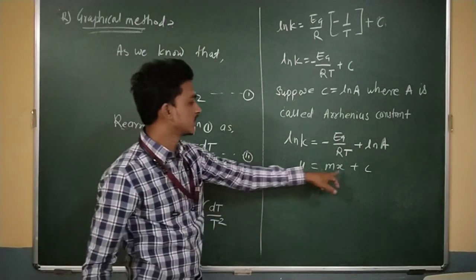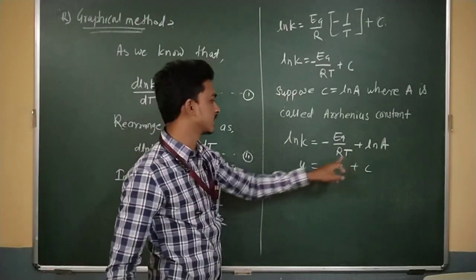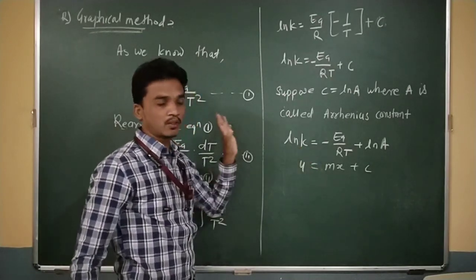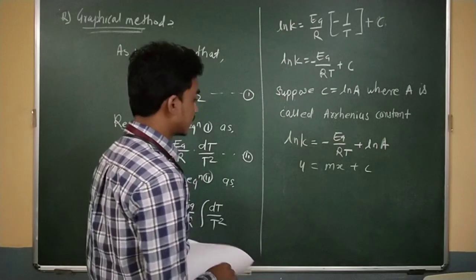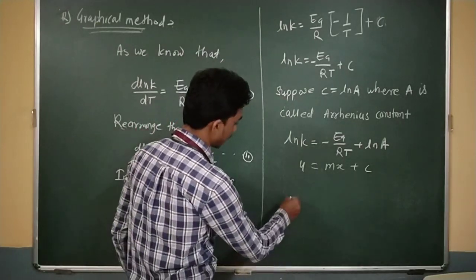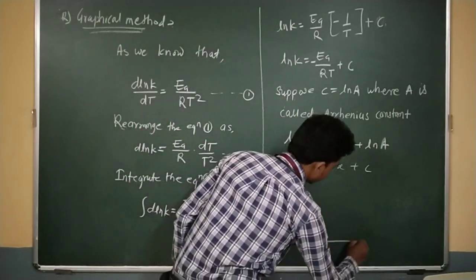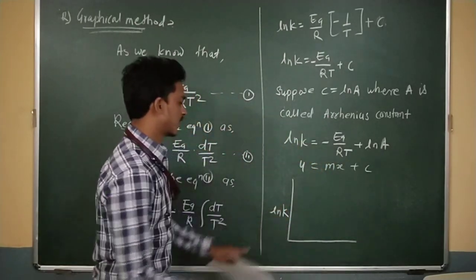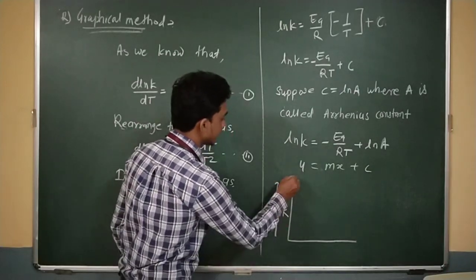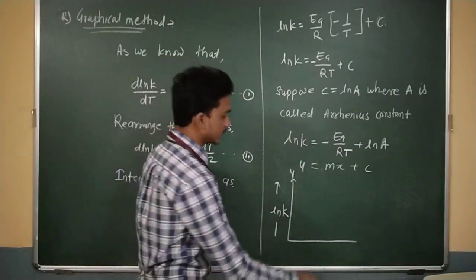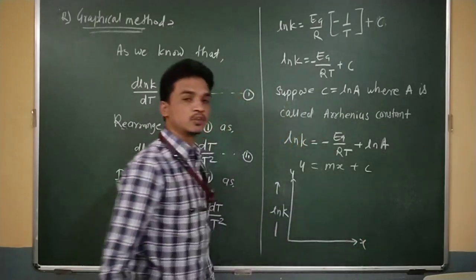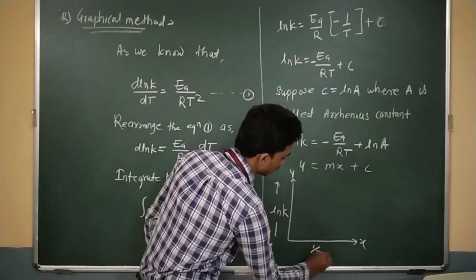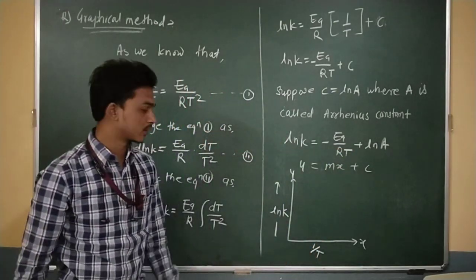On the y-axis is ln k, and on the x-axis is 1 upon T. So if I plot the graph, ln k is on the y-axis and 1 upon T is on the x-axis.